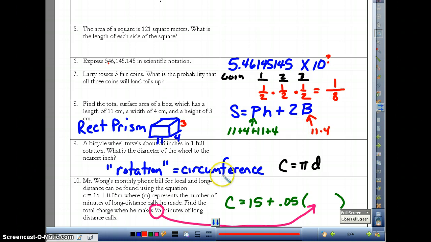Number 8, find the total surface area of the box, which has a length of 8 centimeters, a width of 4 centimeters, and a height of 3 centimeters. That box is a rectangular prism. Draw a picture and label it correctly, because if you're using the formula, you have to know what numbers you use for the base and which one's your height.